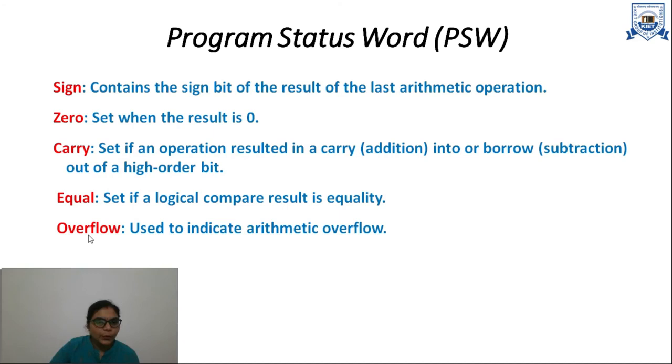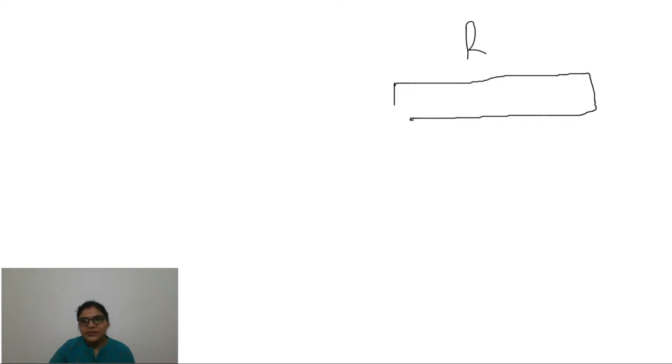Next, overflow. The overflow flag denotes the status that overflow occurred. And what is overflow? Suppose a register of n bits is there to hold the result, or we can say a register has n bits as capacity. It can hold or store n bits.